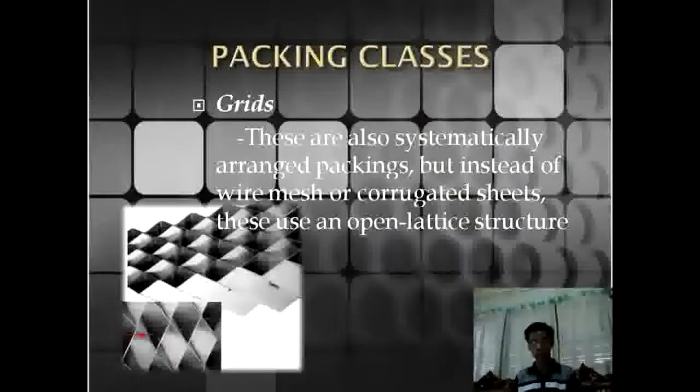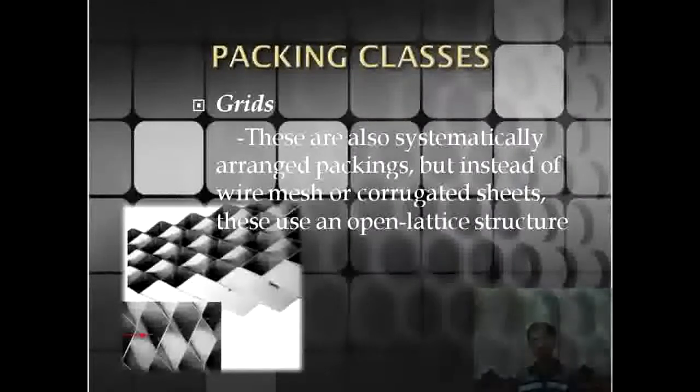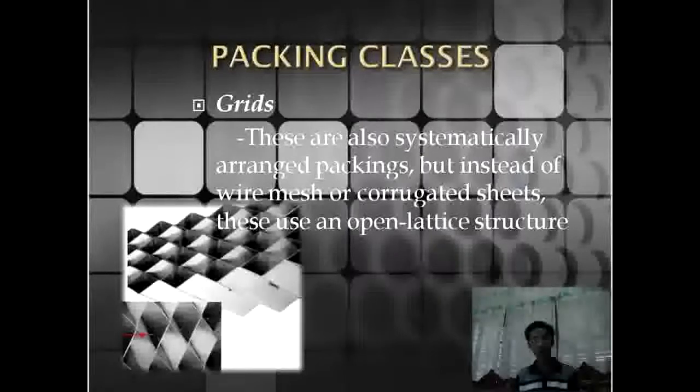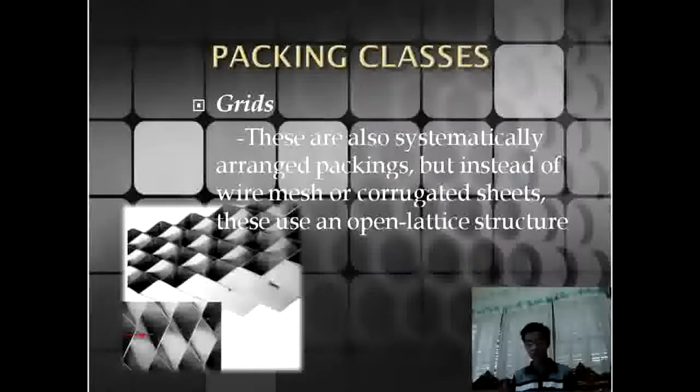Grids are somewhat the same as systematically arranged packings, but instead of mesh or corrugated sheets, these use an open lattice structure. The most common types of packings in commercial use are the random and structured packings, while the application of grids is primarily limited to heat transfer and wash services where a high fouling resistance is required.